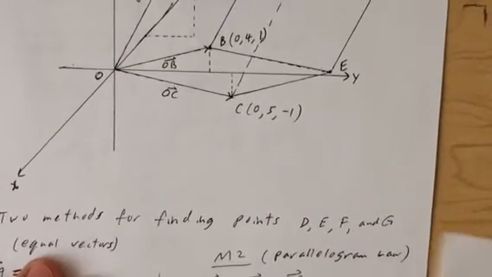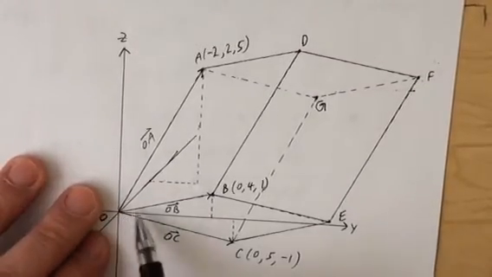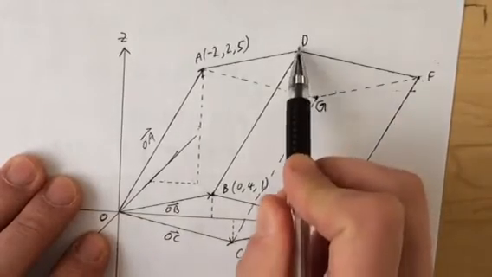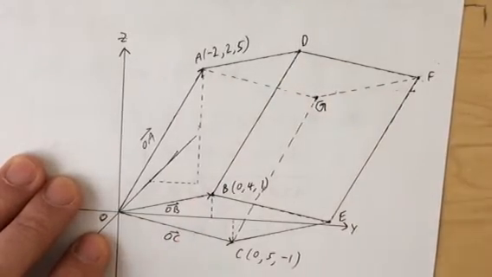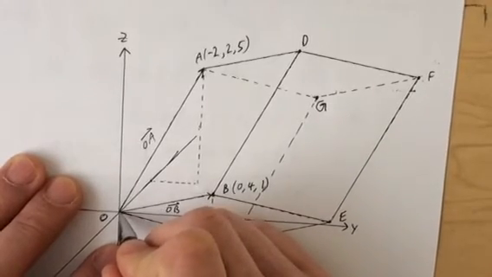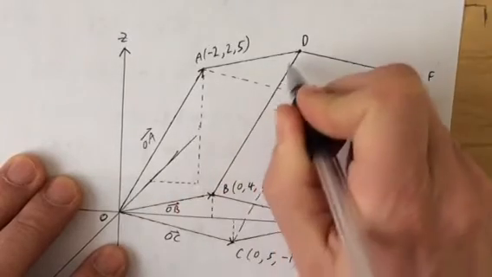Okay? So in the parallelogram law, if we look at this parallelogram here, formed by O, B, D, and A, if I join the origin to D, that gives me vector OD.